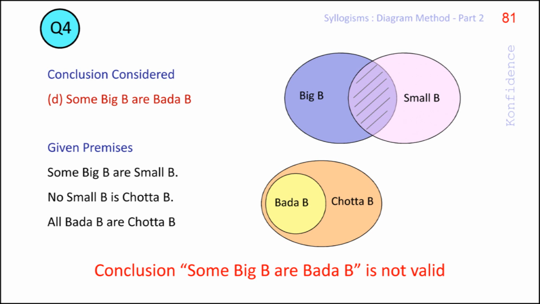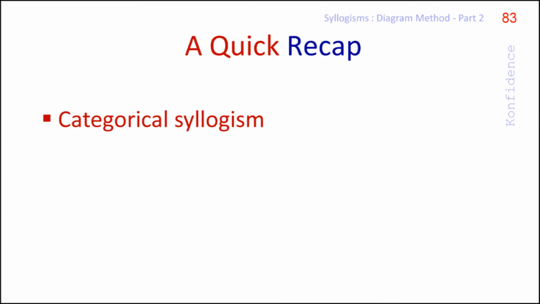Once you get the hang of the approach, you will be able to do these kind of questions faster. Now, as we come to the end of this discussion, it would be good to take a recap of the things that we learned from the two presentations on syllogisms. First, we understood what is meant by categorical syllogism, and then went on to learn the various standard ways in which two sets can be related.